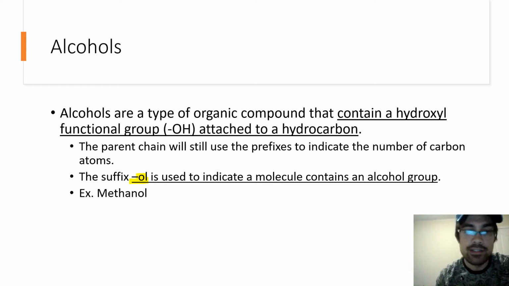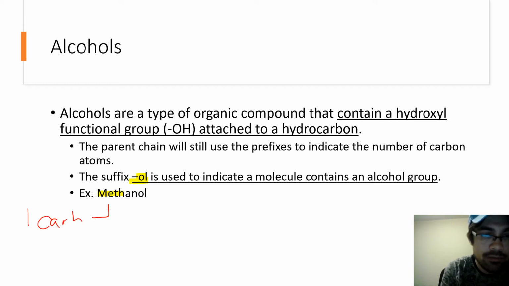Okay, so let's take a look at methanol as an example. So methanol, we have that initial part that tells us about the carbon, which means that it is a one carbon parent. And then you have the -ol right there, which indicates to us that this is an alcohol.